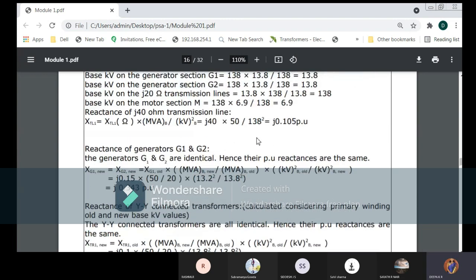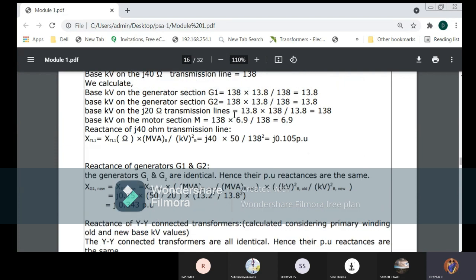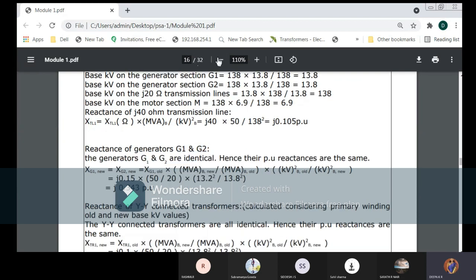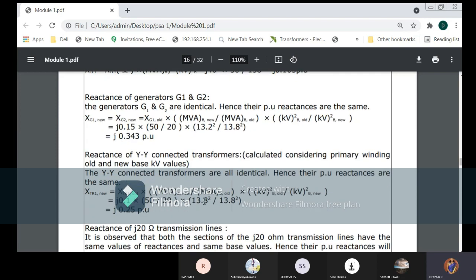It is not given, so you can take any of the sections. So that is 13.8. You can say the generator-connected side has the same value, 13.8, because these generators are connected to the transformer. So I am considering that as 13.8 also as the new value. So simplify this, you're going to get the answer as 0.25, and this is applicable for all the 4 transformers.